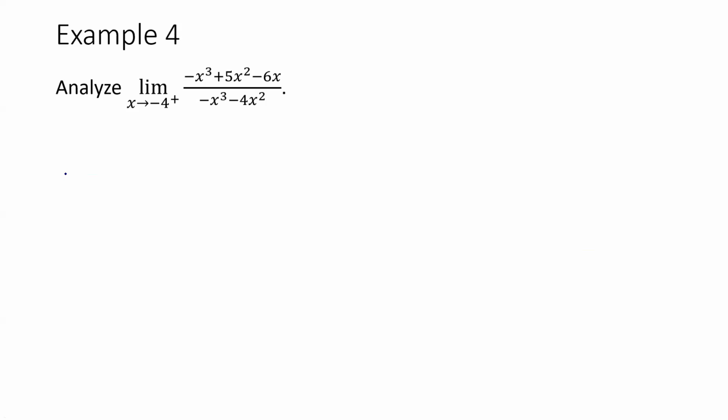So what I'll do again is think about what happens to the numerator as x goes to negative 4 from the right. Well, you can plug in negative 4 if you want.